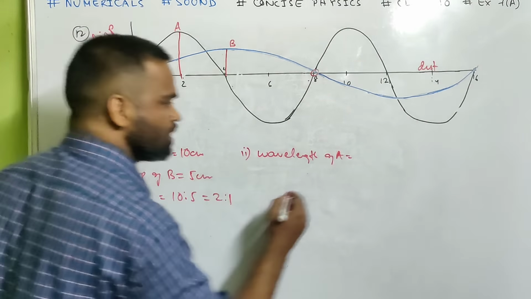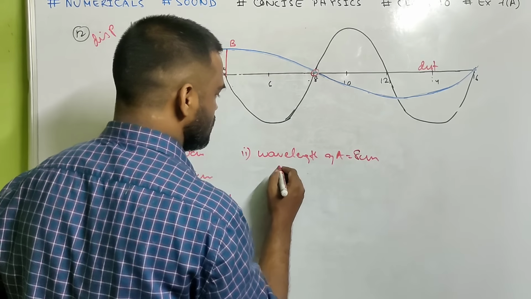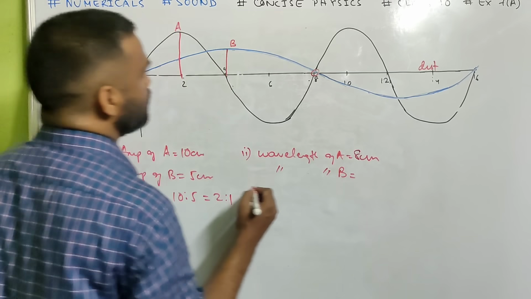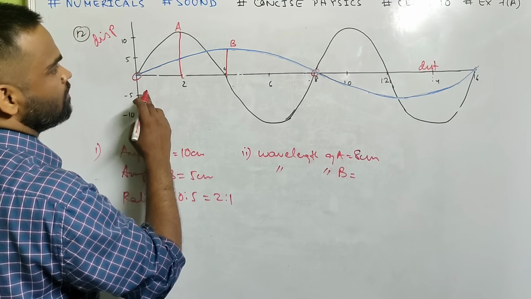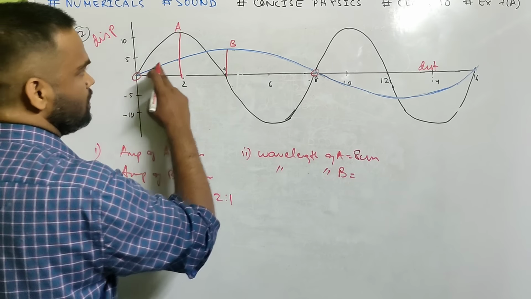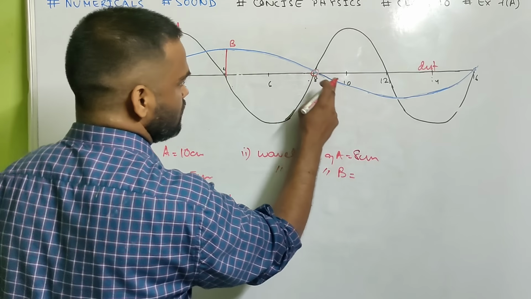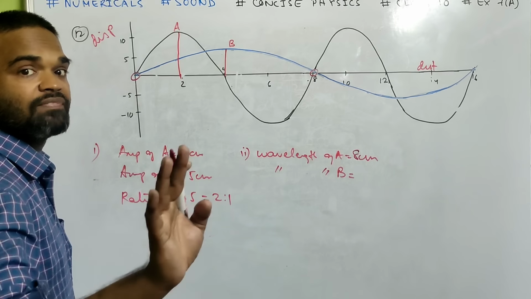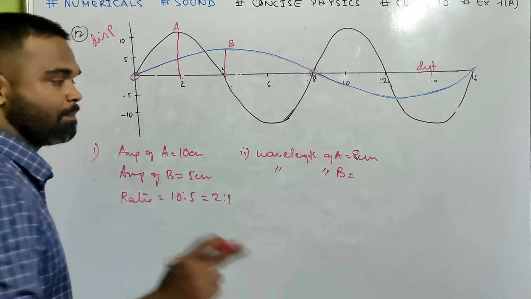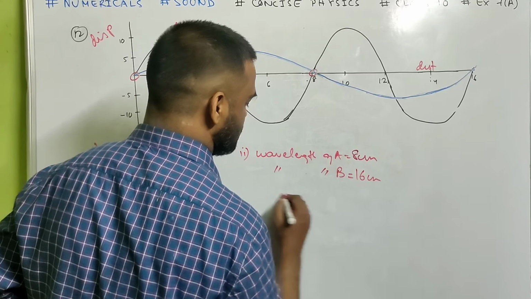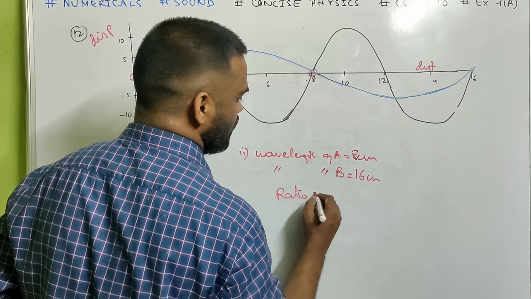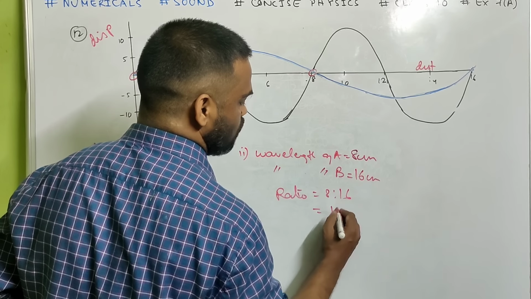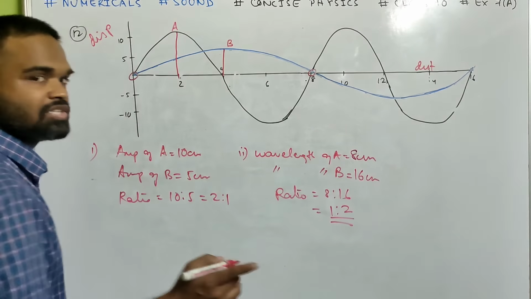And wavelength of B, if you look carefully, starts from here, then goes till 16, forming one complete wave. That is 16 centimeters. So the ratio will be 8:16, that is 1:2, and that's your sum.